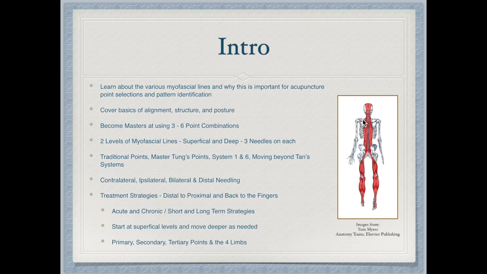But with distal needling, we wouldn't do the points here. We would probably start with points on the opposite side, down on the leg or on the opposite hand, and that's a form of distal needling. That's also a form of contralateral needling, when you needle the opposite side.